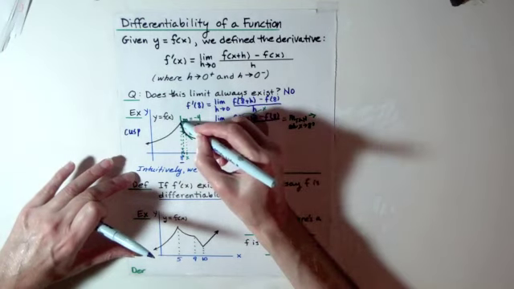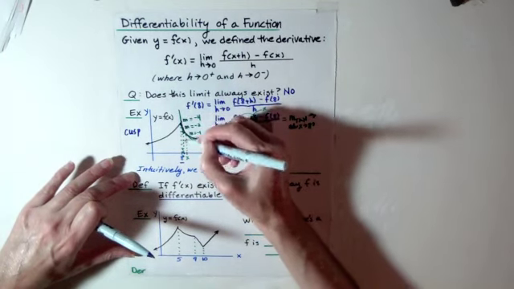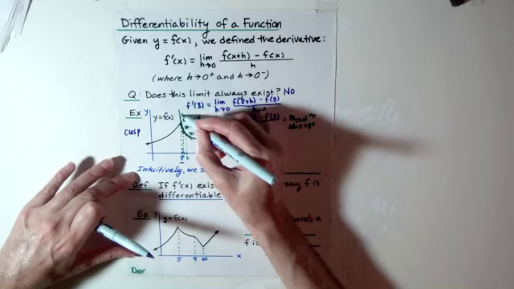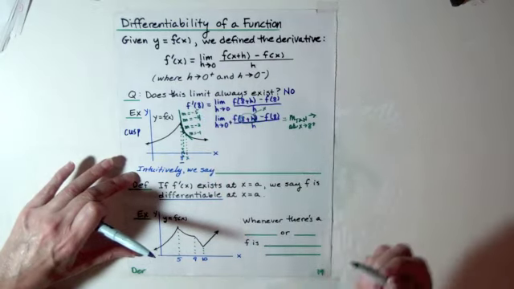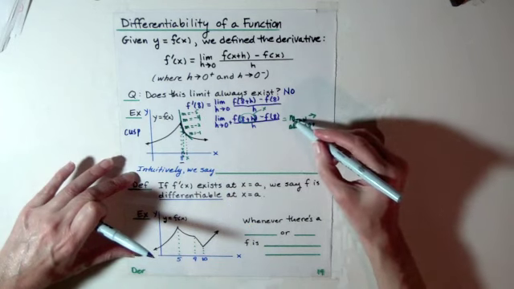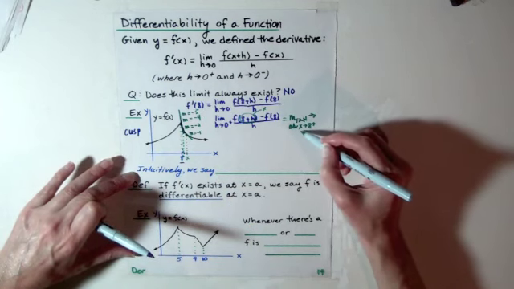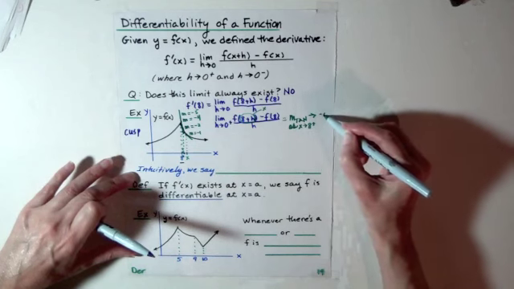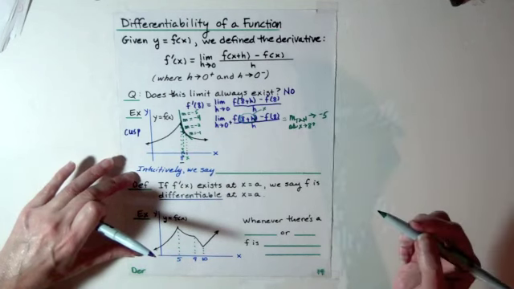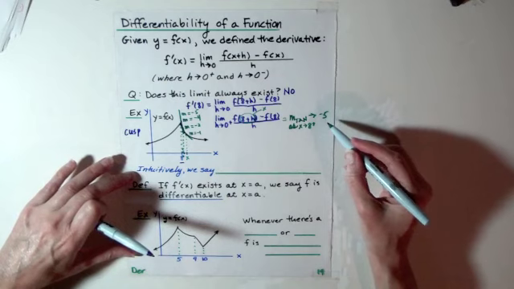When I get right on top of 8, it looks like a very steep line with a negative slope. Maybe the slope is -5, something like that. So it looks roughly like the slopes of the tangent lines as I let x come in towards 8 from the right side are approaching some fairly large in absolute value number, but negative.